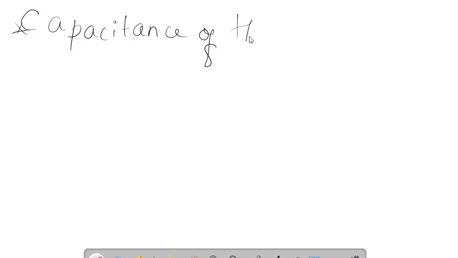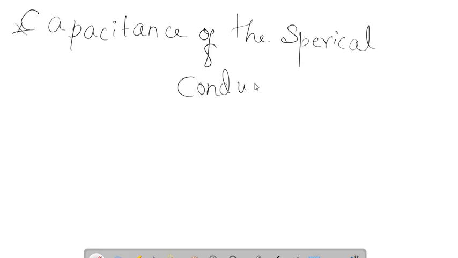Capacitance of the spherical conductor. Consider an isolated spherical conductor which is having the radius r in free space.